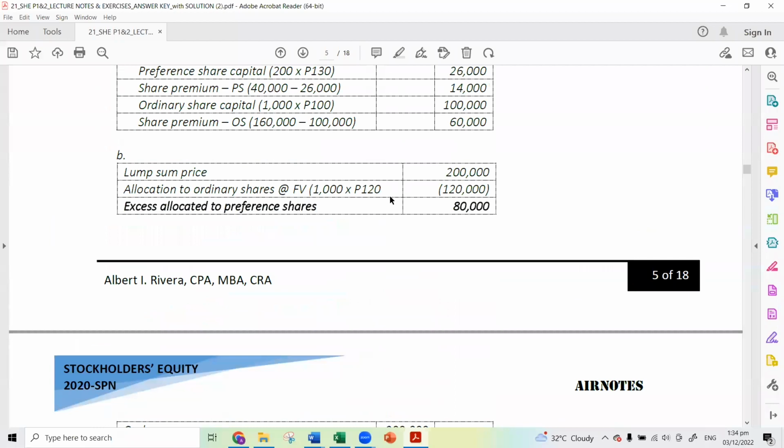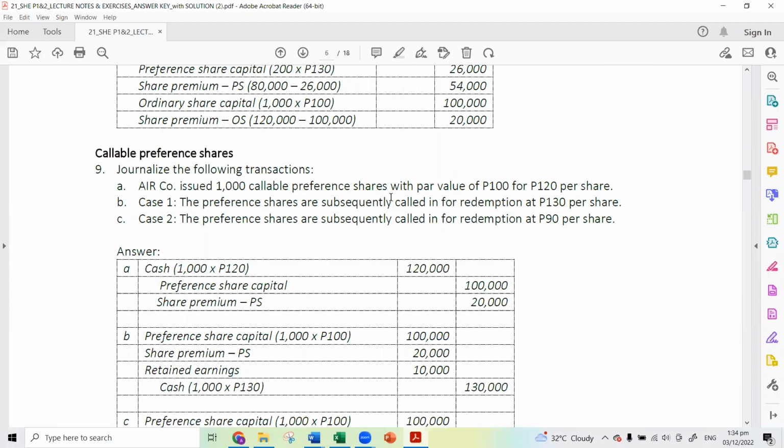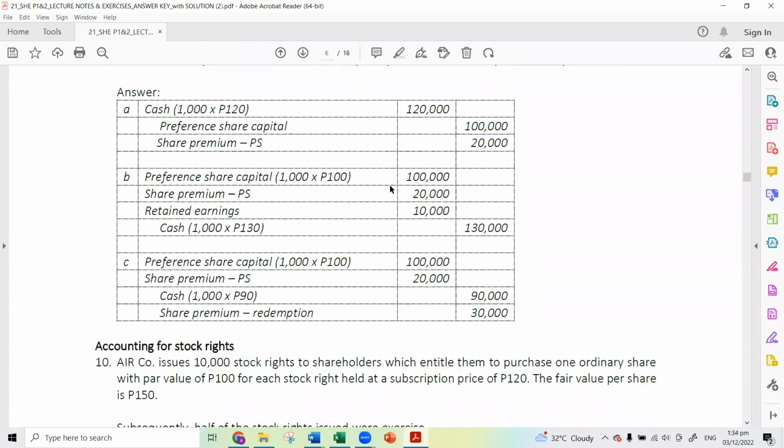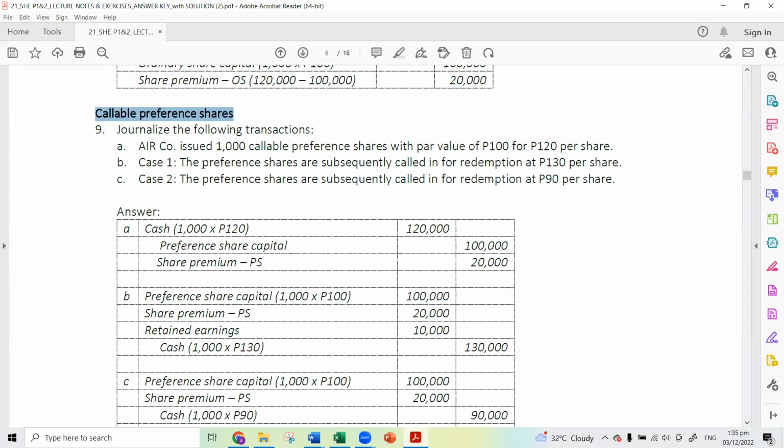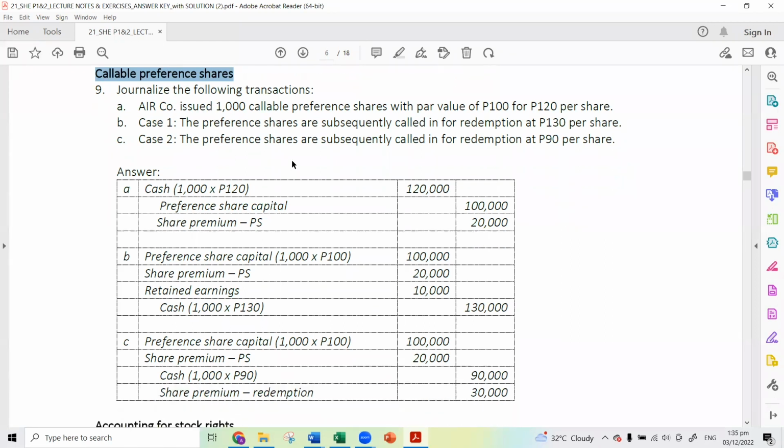So let's now go to your callable preference shares. We previously had what we call redeemable. We said redeemable preference shares are considered debt securities, which is why here we only have callable, since we are in equity. So let's determine the difference between redeemable and callable.